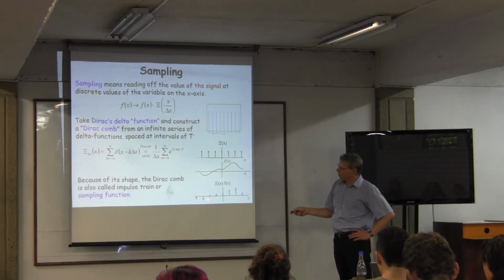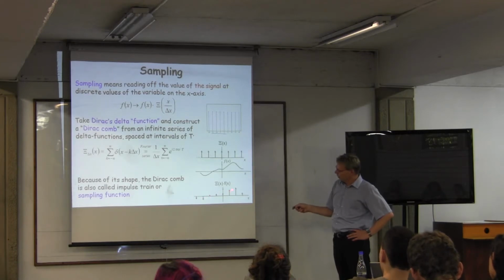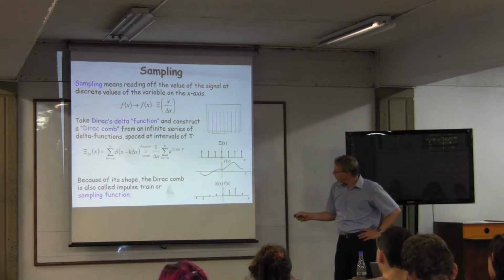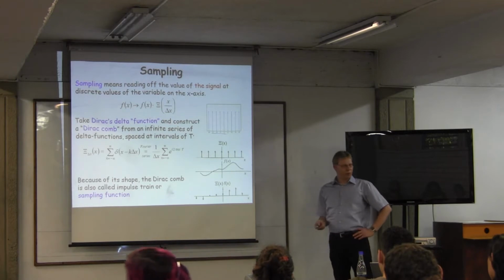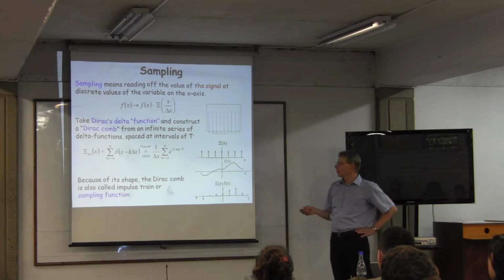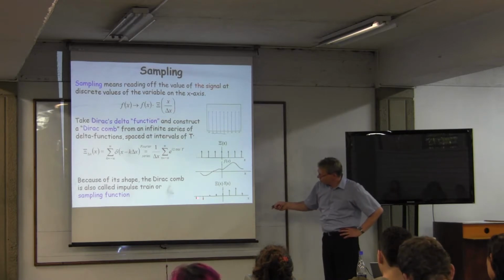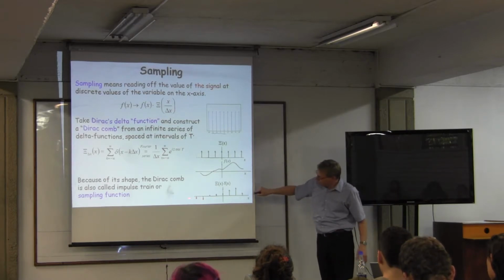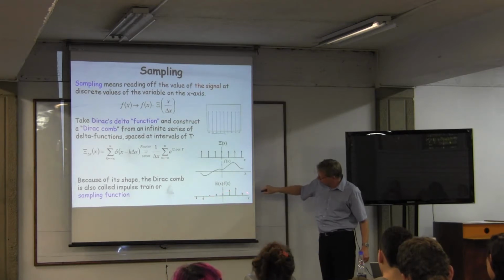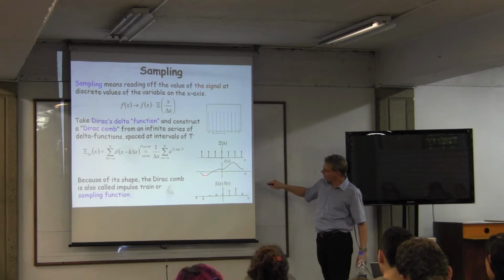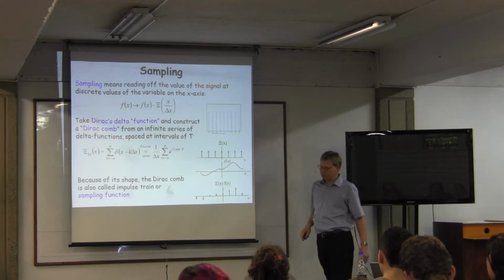And then you want to reconstruct the signal, and you may lose some information. You get the basic structure. What you then do, of course, when you construct the signals, essentially you connect those points. But the connection of those points may be a bit different from the original function.